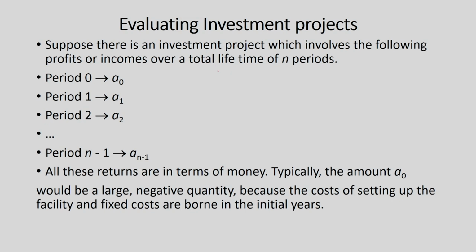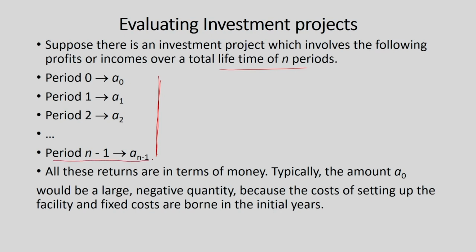So, suppose you are a prospective investor, and if you invest in that project, then over n periods these are the profits or the income stream. In the first period, that is period 0, you are going to get A0, period 1 A1, period 2 A2, like that.